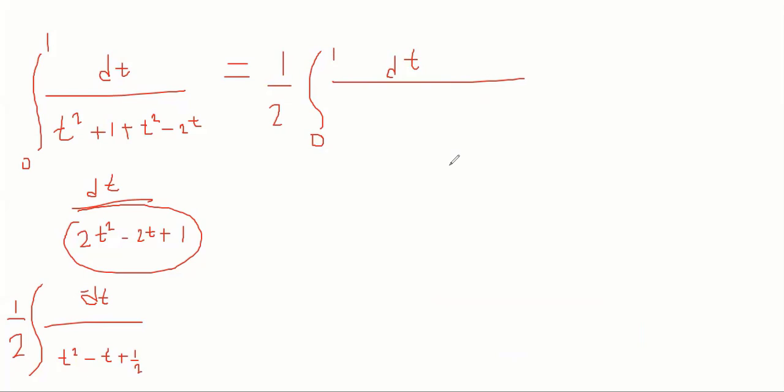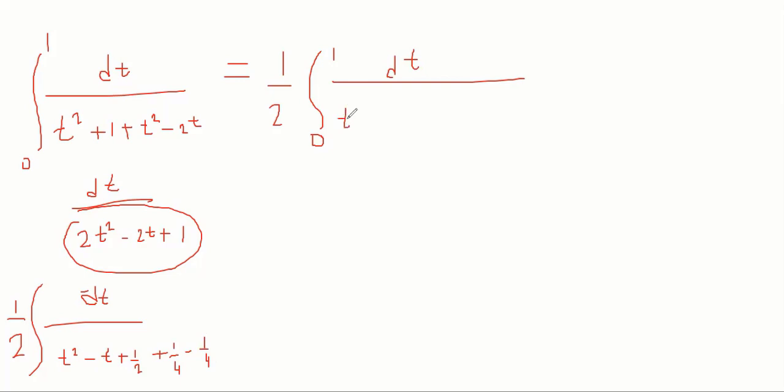Suppose I write t minus 1 by 2, 1 by 4, plus 1 by 4 and minus 1 by 4. See guys what I'm doing. I just did plus 1 by 4 minus 1 by 4. Intentionally I have done that.